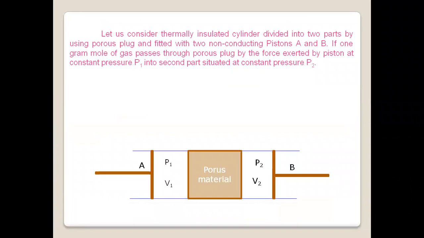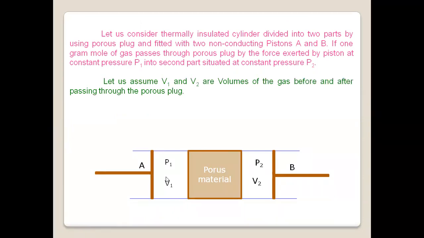To derive the relation for how much the temperature decreases, we take two pistons A and B, whose pressure and volume are P1 and V1 in compartment 1, and P2 and V2 in compartment 2. When the piston pushes the gas towards the porous plug, some external work is done on the gas.